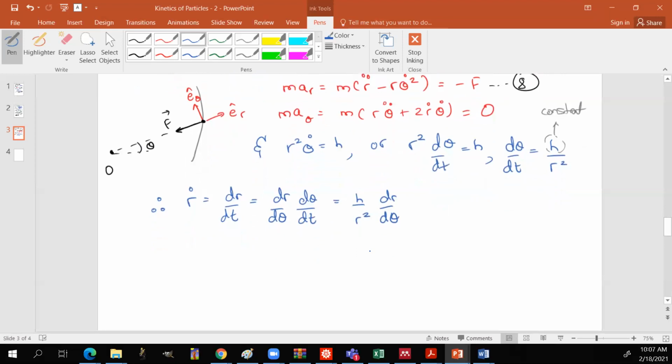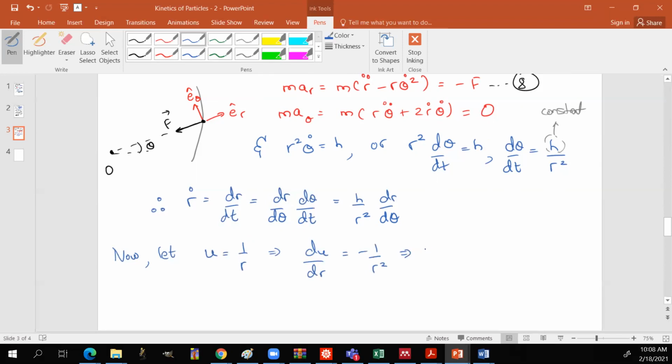All right. So now when we're looking at these trajectories, life becomes easy if we define another quantity. We define a small u, and let's say that that is equal to 1 over r. So when we take the derivative, we see that du over dr is going to equal minus 1 over r squared.